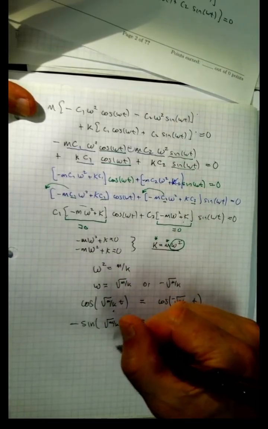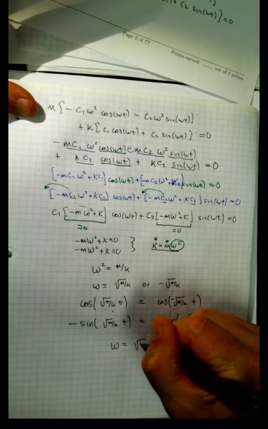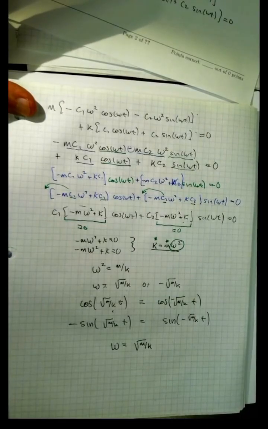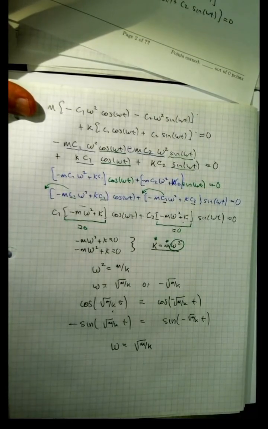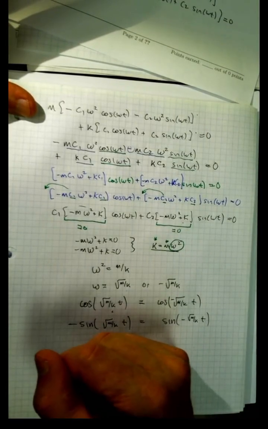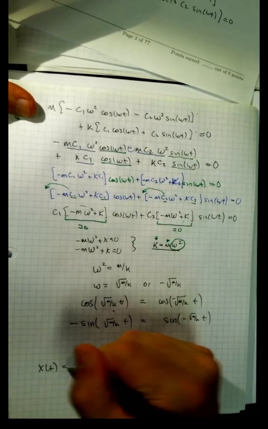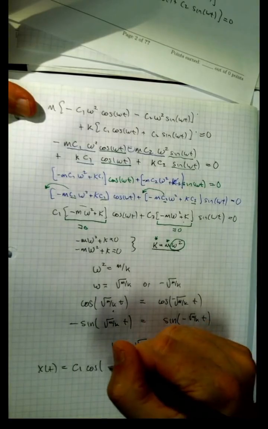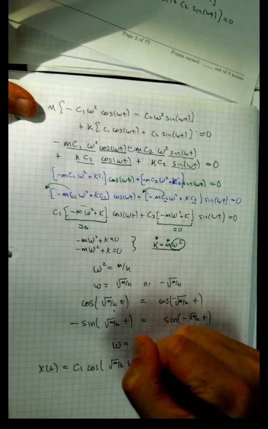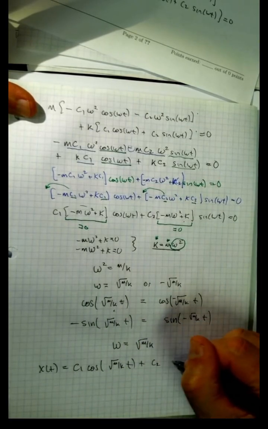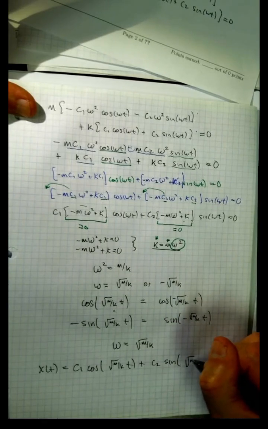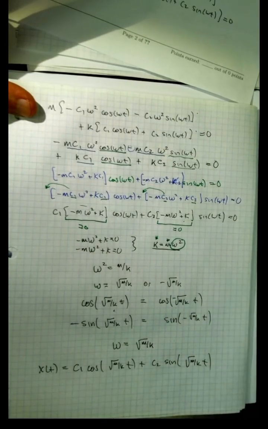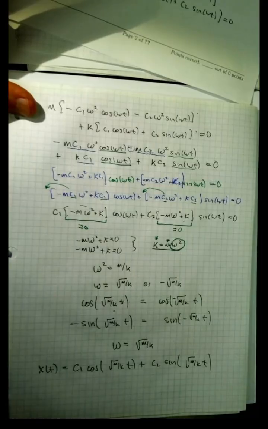So really there's only one of these solutions, and I'm just going to choose the positive one just because it makes things easier. What this says then is that my solution is going to look like some constant times cosine square root of k over m t plus some constant times sine of square root of k over m t. Okay.